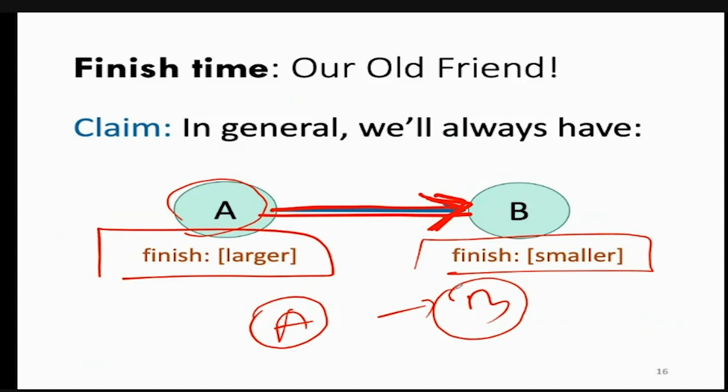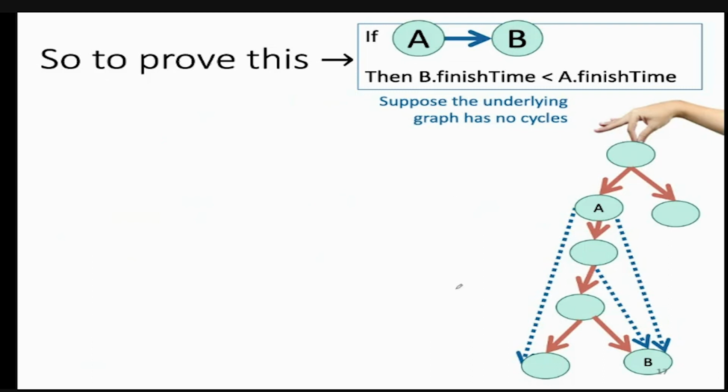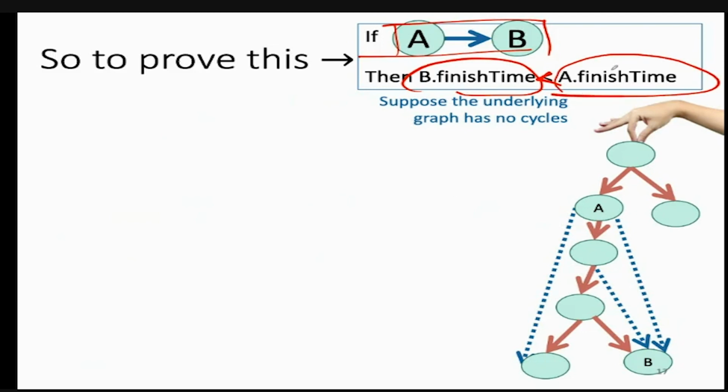Let's look at why this happens. To understand why, let's go back to the DFS graph. To prove this, if there is an edge from A to B, then what we must prove is that the finishing time of B is always less than the finishing time of A. In other words, the finishing time of A will be greater than the finishing time of B.